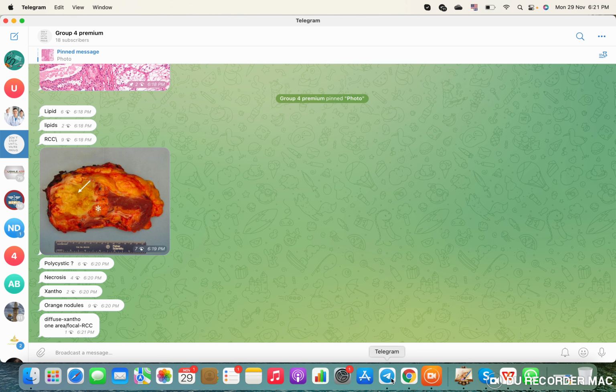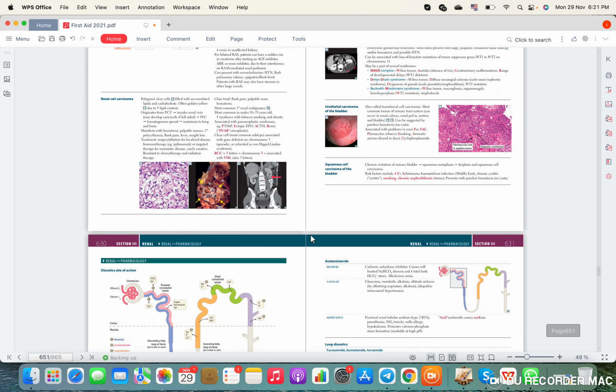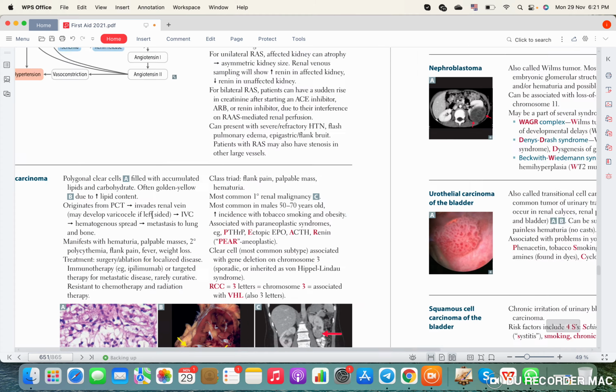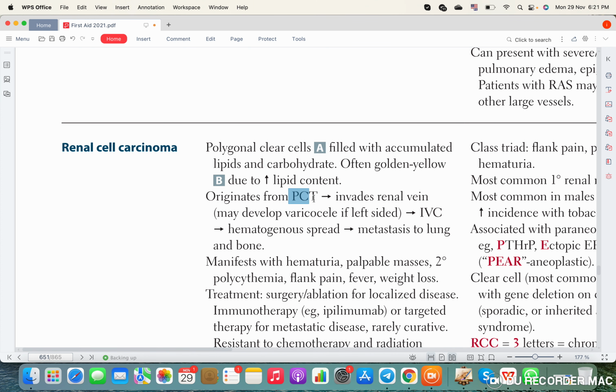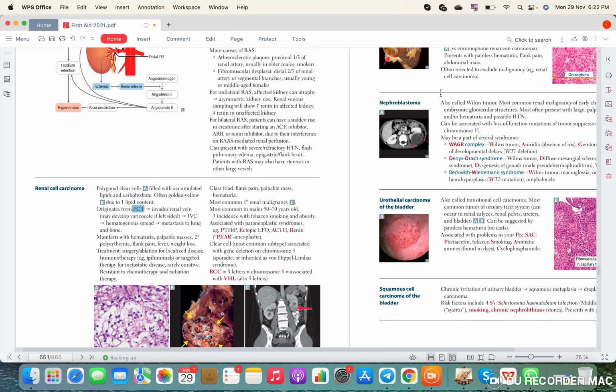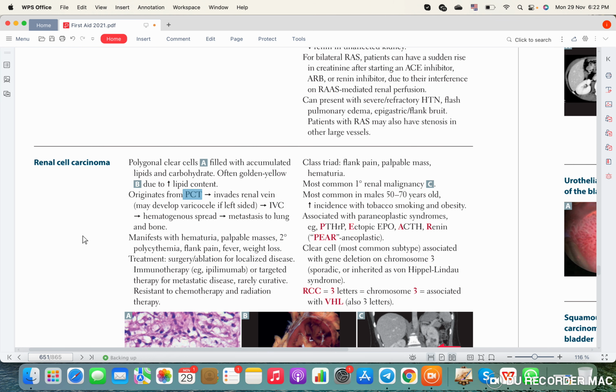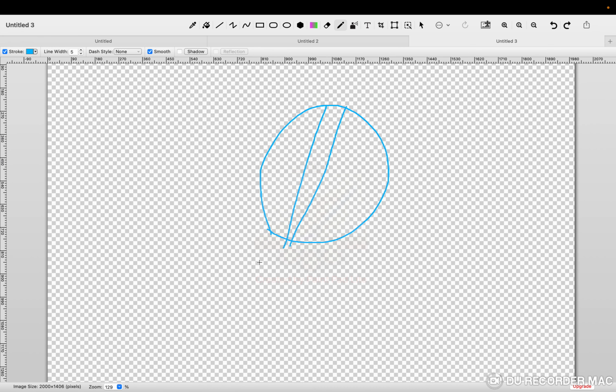Okay, so moving on. Speaking about renal cell carcinoma, it originates from the proximal convoluted tubule. This is super important because each of these cancers originates from different places. Before speaking about this, there is something called carcinoma and sarcoma.